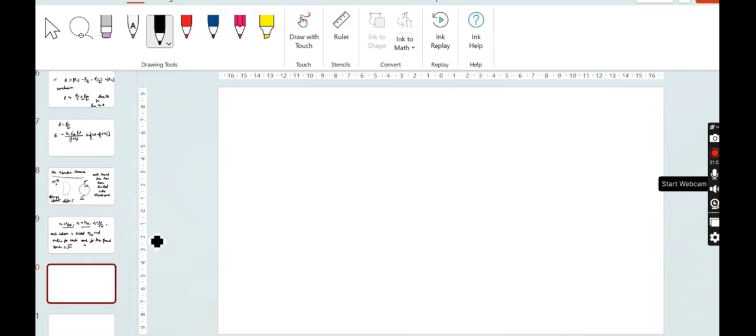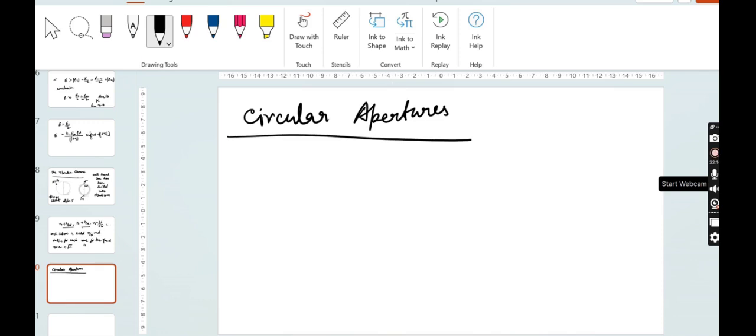So now we can move to the circular apertures for the spherical waves.